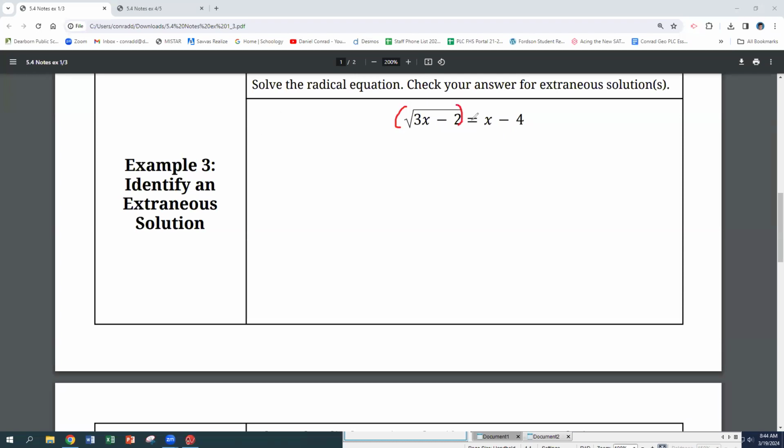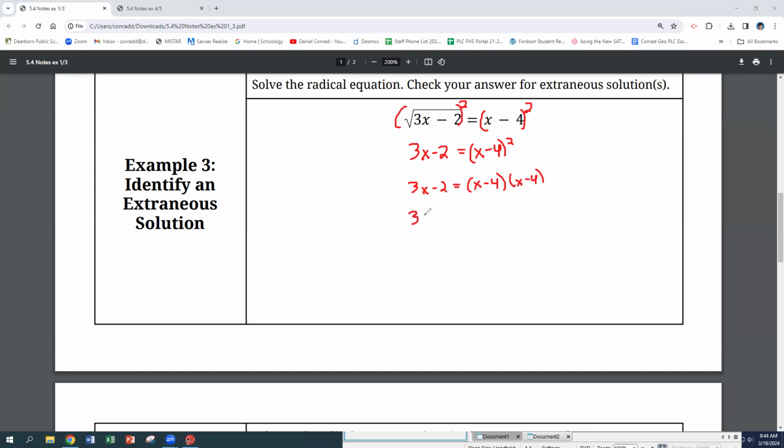And just like we did for example 1, we're going to want to square both sides here once we get the radical by itself. That's going to give me 3x minus 2 equals x minus 4 squared. X minus 4 squared means x minus 4 twice. So x minus 4 times x minus 4.